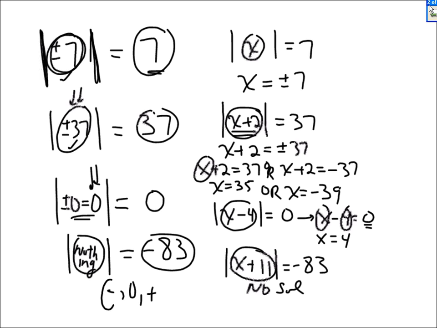When you take the absolute value of a negative number, you won't get negative 83. Take the absolute value of 0, you won't get negative 83. Take the absolute value of a positive number, you won't get negative 83. You can't take the absolute value of absolutely anything and get a negative number.